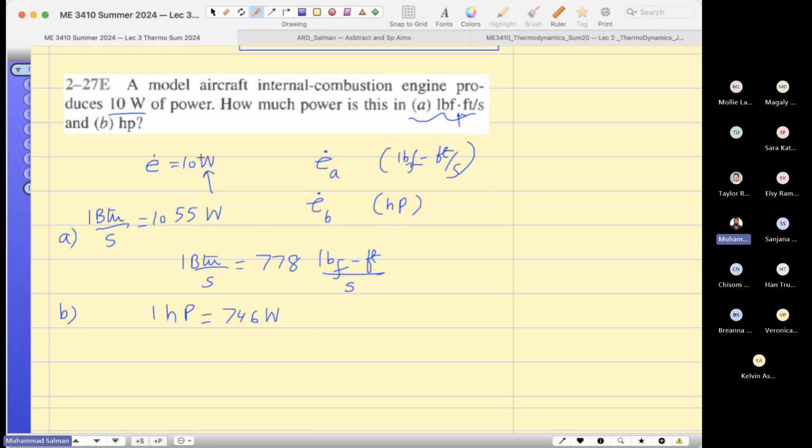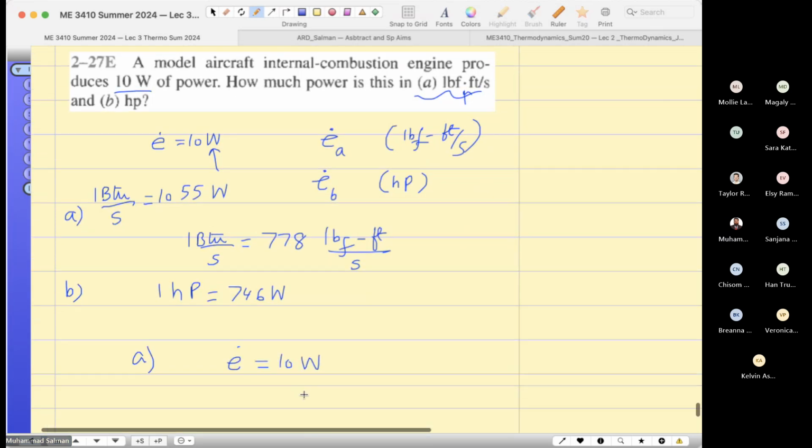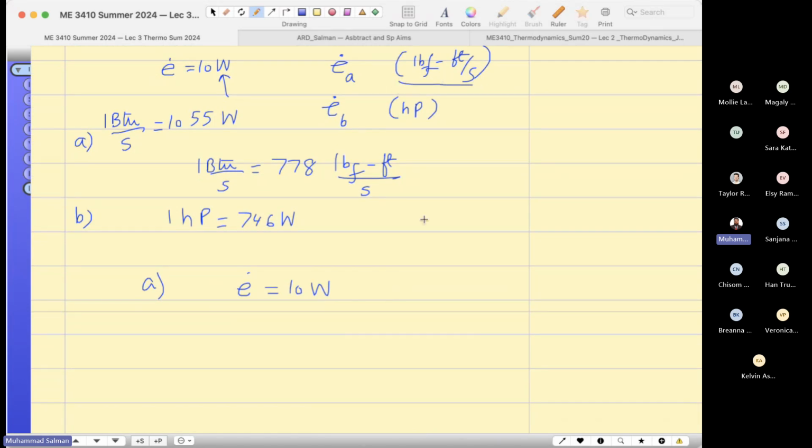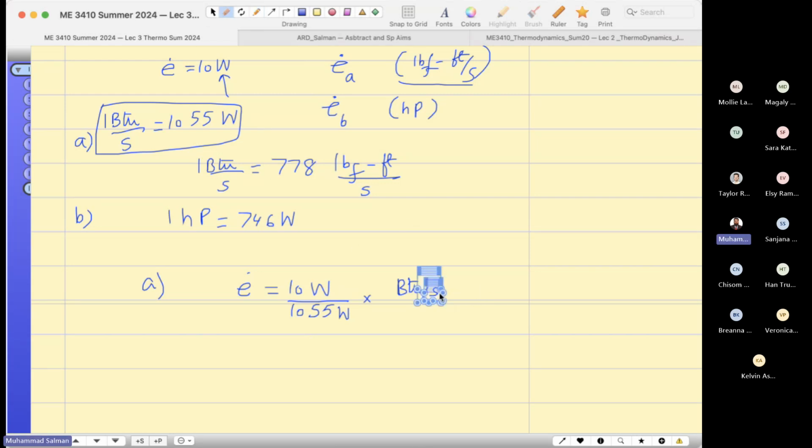So let's do the first part, part A. The power is 10 watts. How do you go from 10 watts to foot pound per second? So I'm going to show you 10 watts and use this conversion: divide by 1055 watts times BTU per second. I will just write down per second in the denominator for your help.